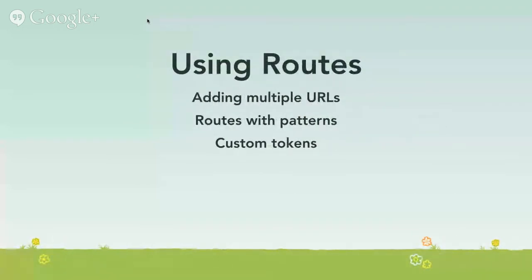So the next thing I want to talk about is routes. We saw with our about page that we just created it in the root of the site, and it had a path of /about. Now that's the page's path. It's also essentially a route, because what happens when a page is requested within a Runway site is that the URL rewriting rule that we put into the htaccess file is taking any request in the website for a page that doesn't exist as an actual file in the website, and it redirects it into Runway.